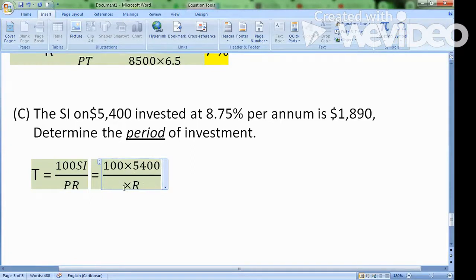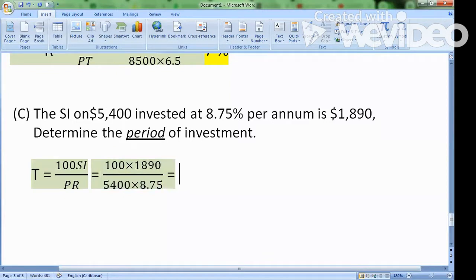The principal here is what? Oh, hold on there. No, it's not 5,400. 1890, right? Yes, sir, over 5,400. I made a mistake though. 1890. 54. And the rate is 8.75.